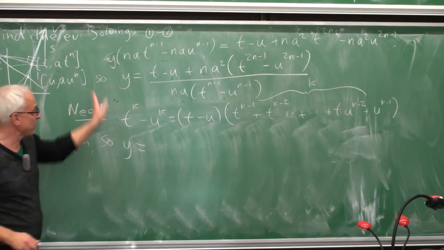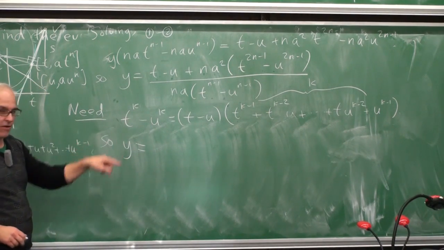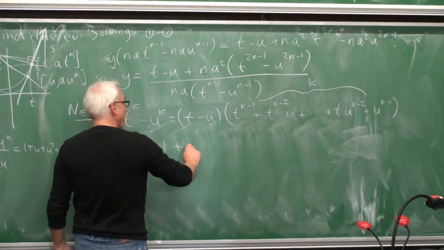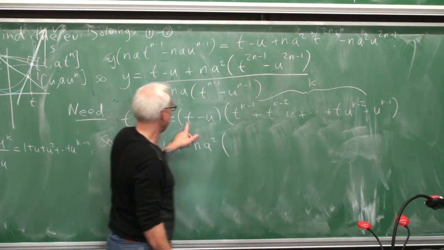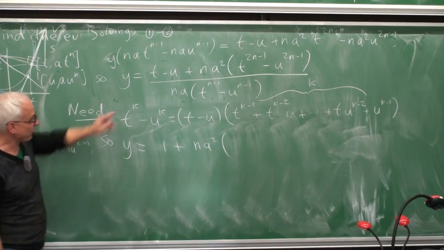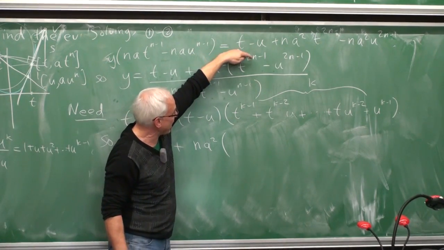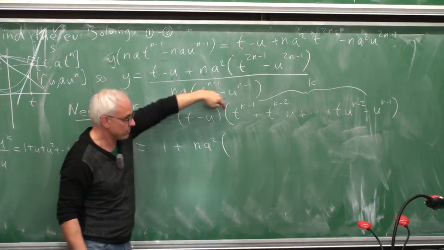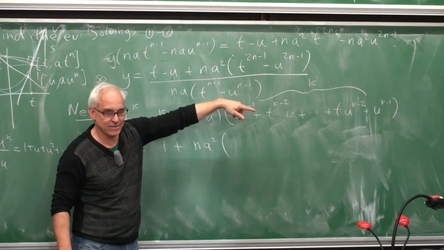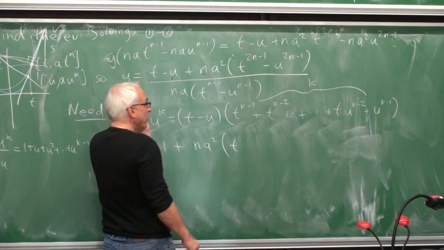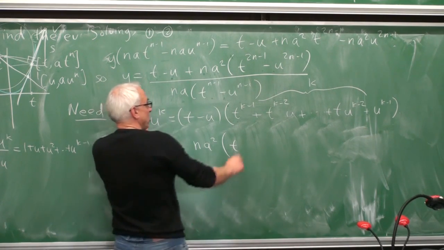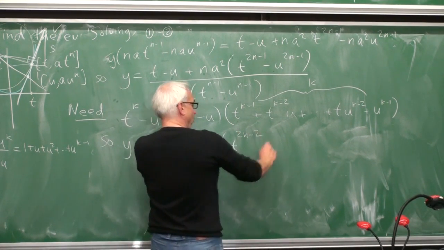And I'm going to cancel that t minus u that's going to appear everywhere. So I'm going to have on the top 1 plus na squared. Now instead of this thing, I had to replace it with something like this. But I have to remember that the power here is 2n minus 1. So I have to write the appropriate series here. So I have to start with t to the 2n minus 2.